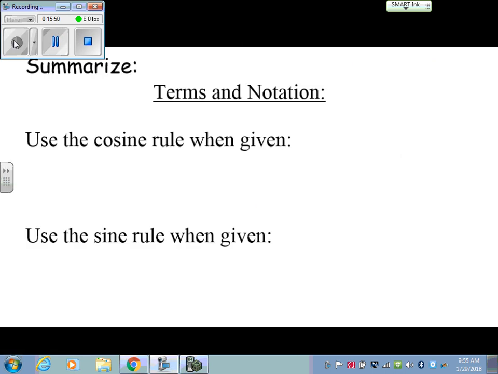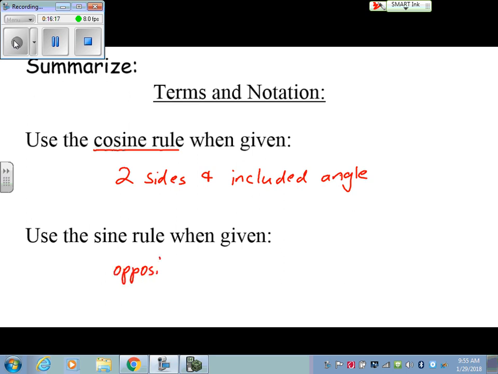All right, so in conclusion, the cosine rule, which we went over last lesson, we need to make sure that we have any 2 sides and their included angle. For the sine rule, we need to have an opposite pair of parts.